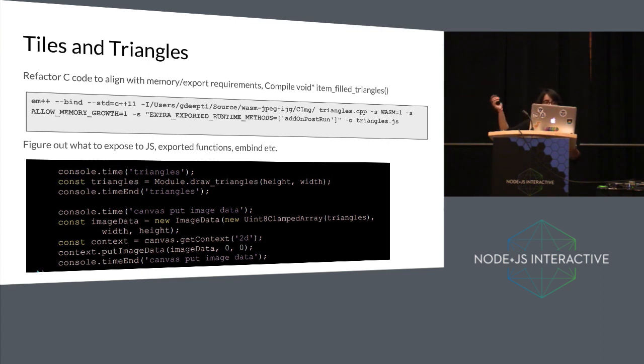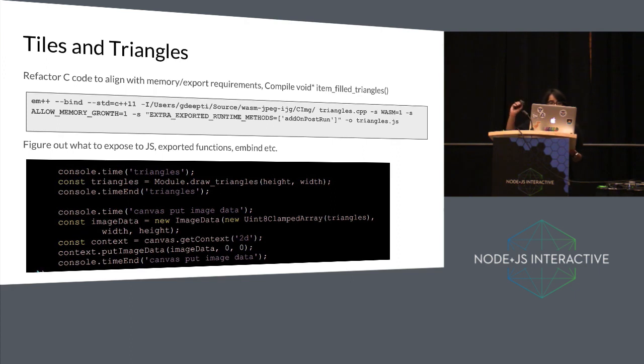I'm using Embind here, which, like I mentioned before, needs Emscripten bindings blocks to create bindings for functions, classes, value types, pointers, any of those, which is the reason I have the bind option that I'm passing to the compiler. I'm also using add-on post-run here, which is a runtime function. So I need extra exported runtime methods to access that function.